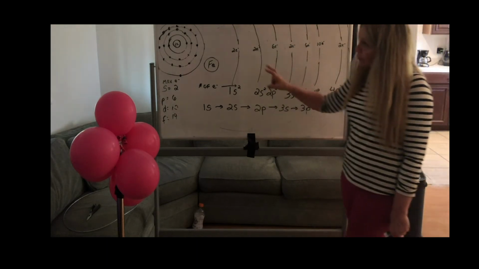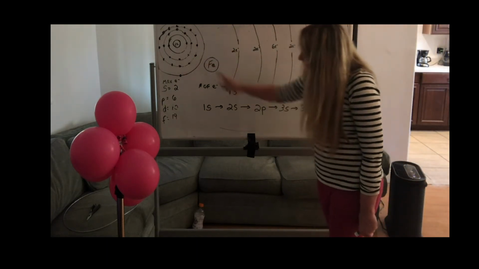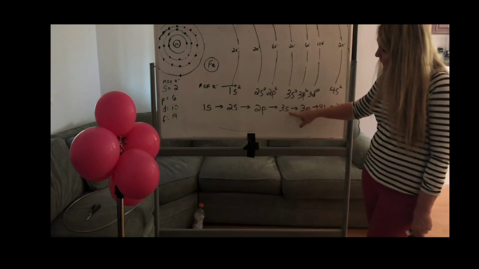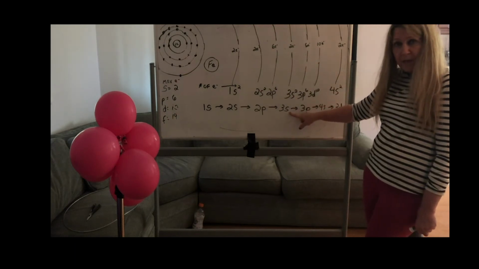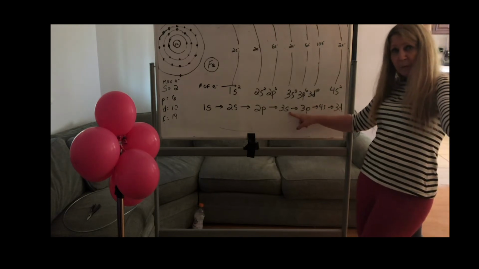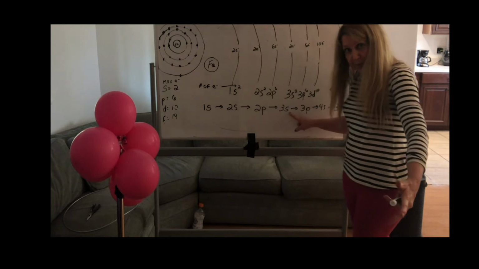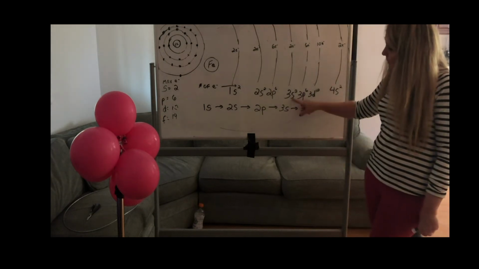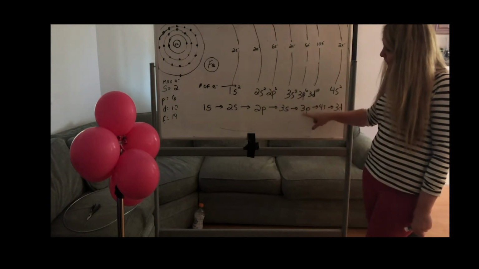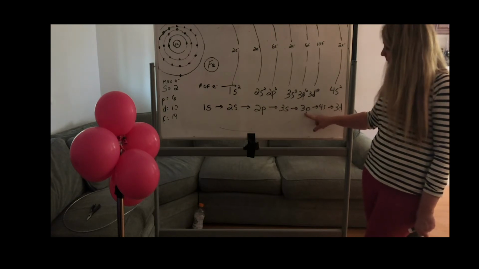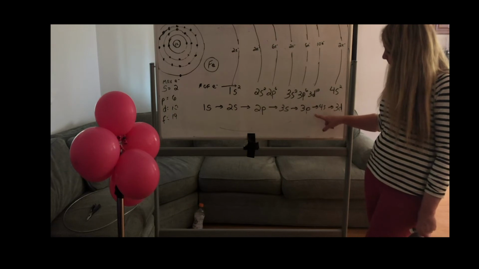Next, now we get to the third energy level. 3s. So again, s will always be the first one you fill up in each energy level. So 3s, then 3p. Now this one was a little different.